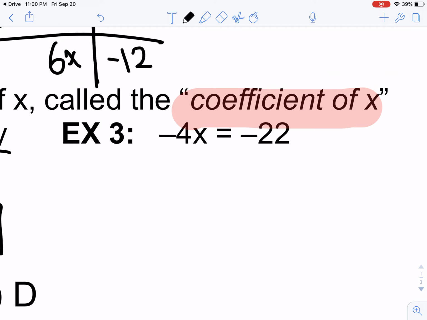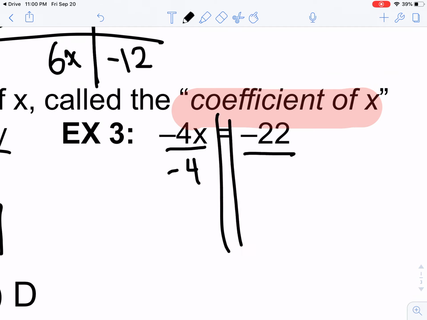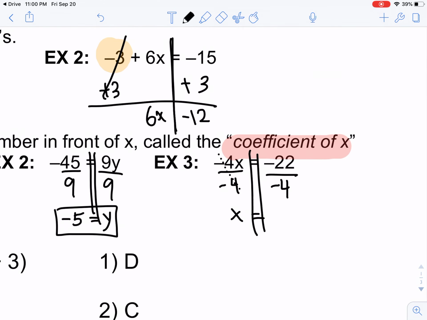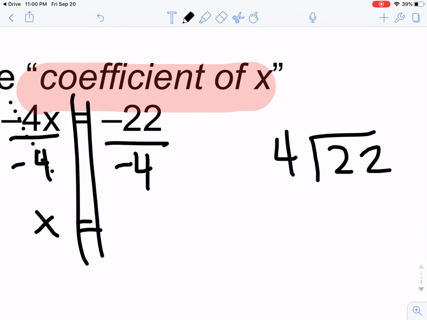Last problem here. We're going to divide by the coefficient, which is negative 4. Negative 4 divided by negative 4 is 1. So we have x equals, and 22, 4 does not go into 22 evenly. So we're going to go ahead and write it out. 22 divided by 4. 4 does not go into 2, so we're going to subtract 0.